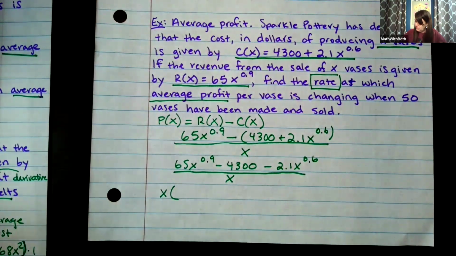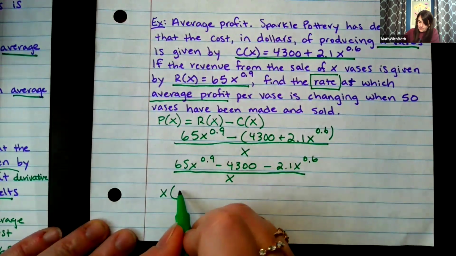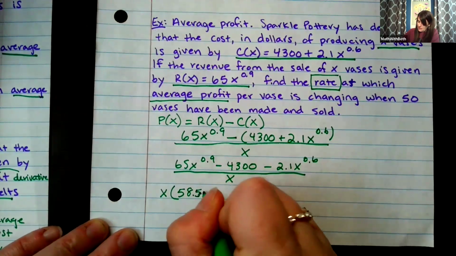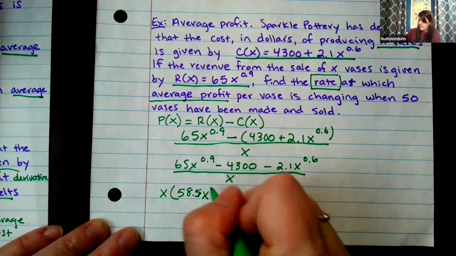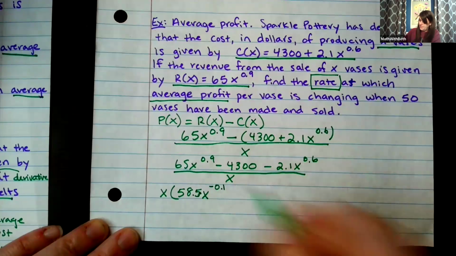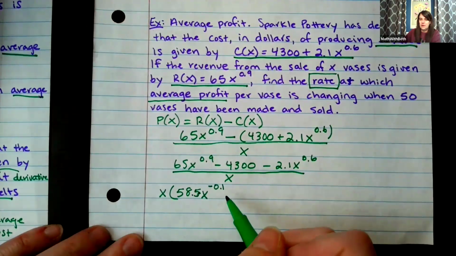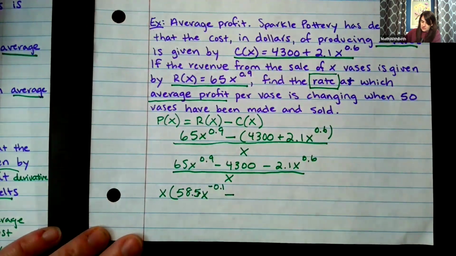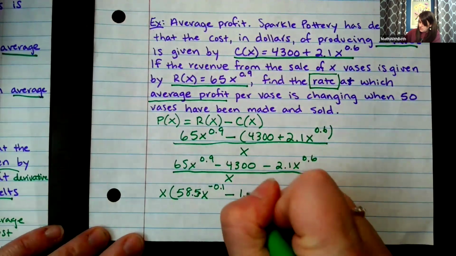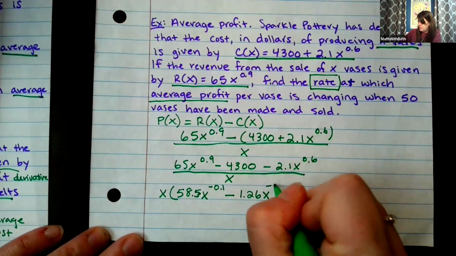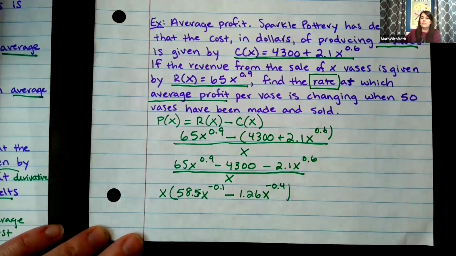So I need to do 0.9 times 65, x to the 0.9 minus 1. The 4,300 is going to go to 0. And then minus 2.1 times 0.6, x to the 0.6 minus 1, which is negative 0.4.